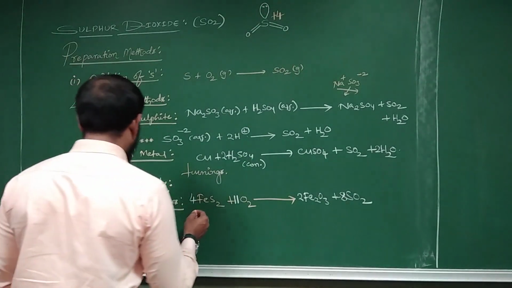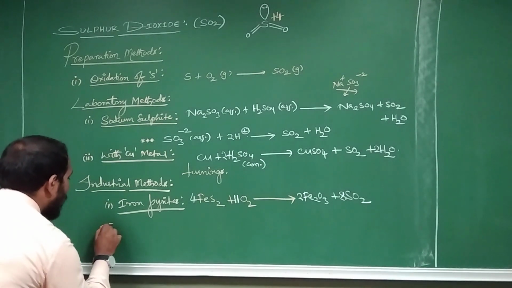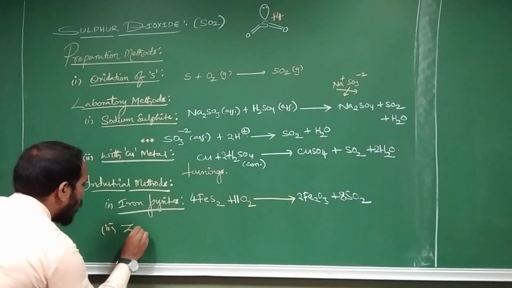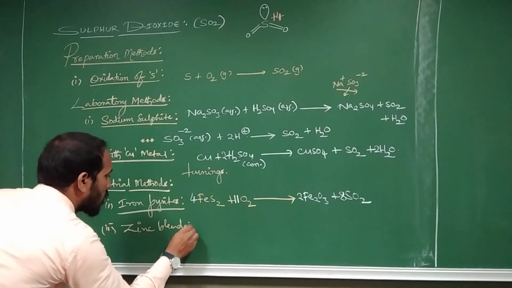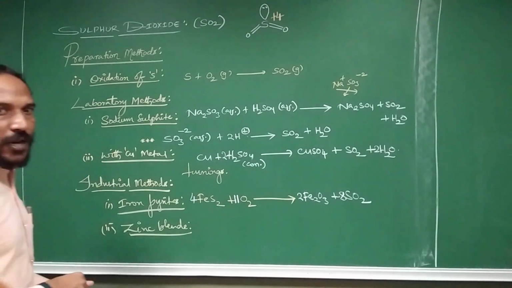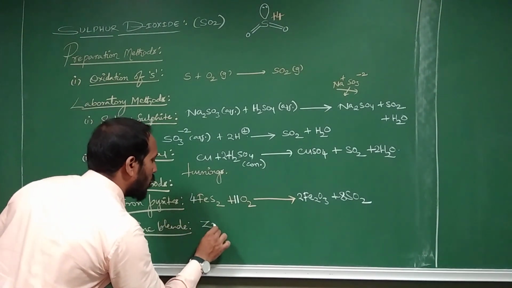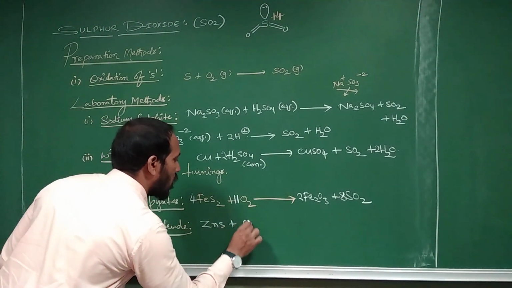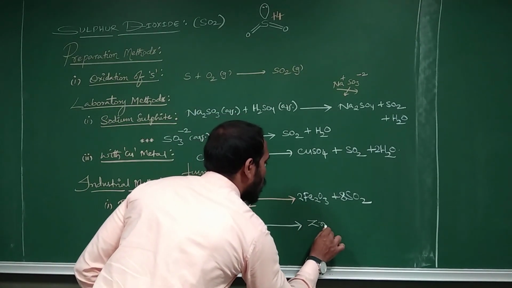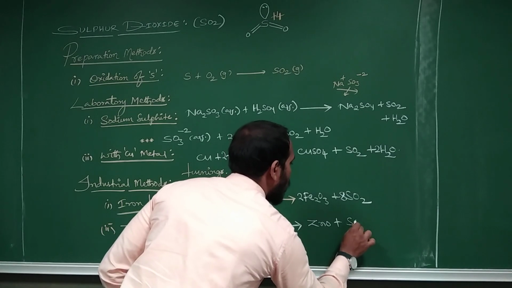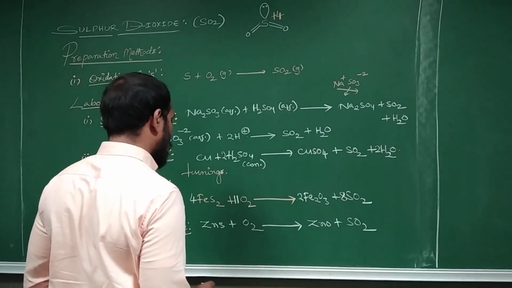Now one more, that is zinc blende. So how will the reaction take place with respect to zinc blende? ZnS, zinc blende, can be treated with oxygen. So it will form zinc oxide plus sulfur dioxide.